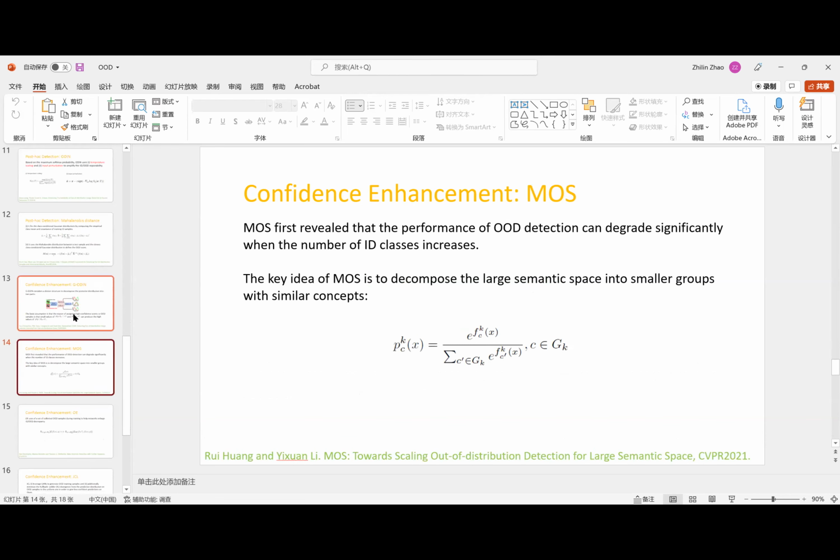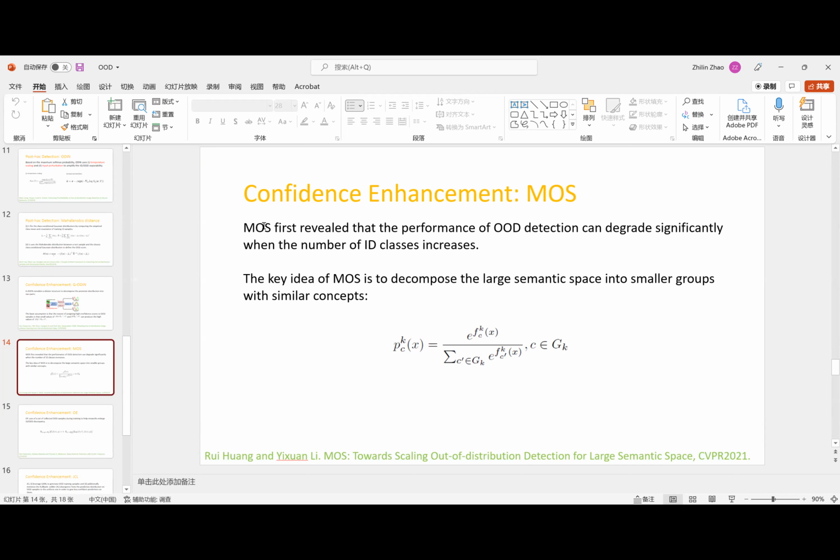The next method, MOS, assumes that OOD detection performance will decrease when the number of classes increases. According to this assumption, the MOS algorithm divides your data set into several groups according to the concept or the classes.